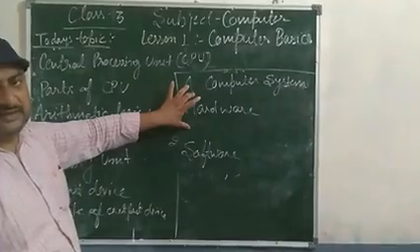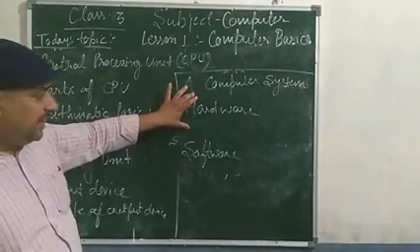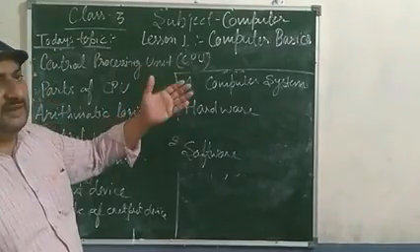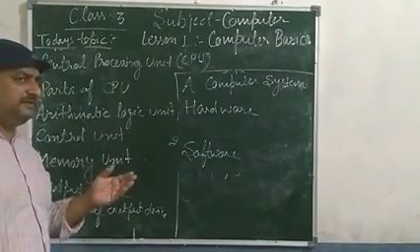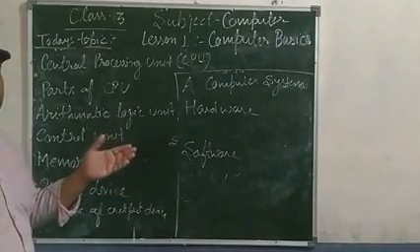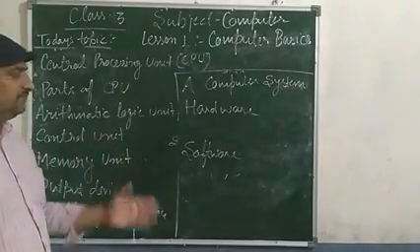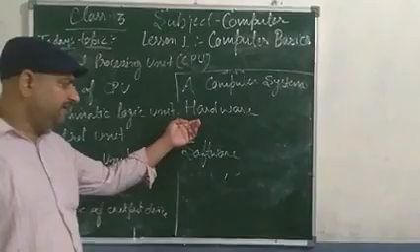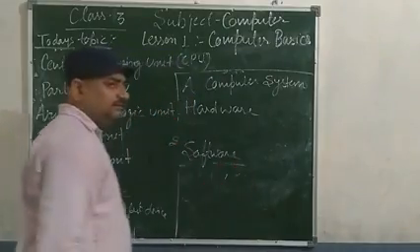Hardware is the physical part of computer that we can see and touch. We can see keyboard, mouse, monitor, printer, scanner, UPS. All these parts we can see, so that part is called hardware. Some parts we can't see.